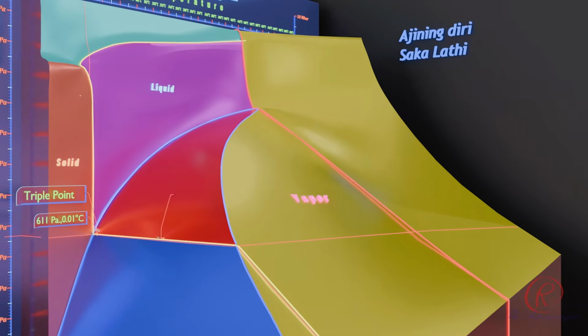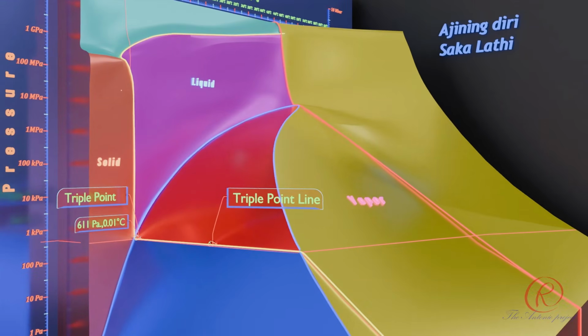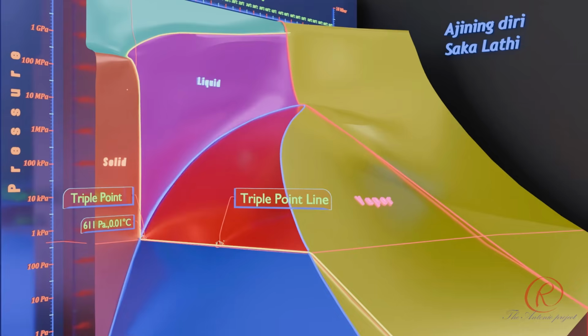Triple line, a line rather than a point as in 2D projections, where all three phases can coexist.